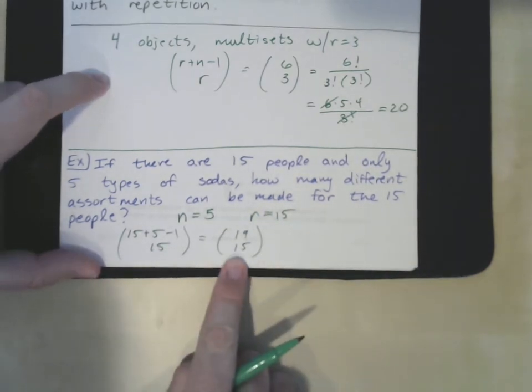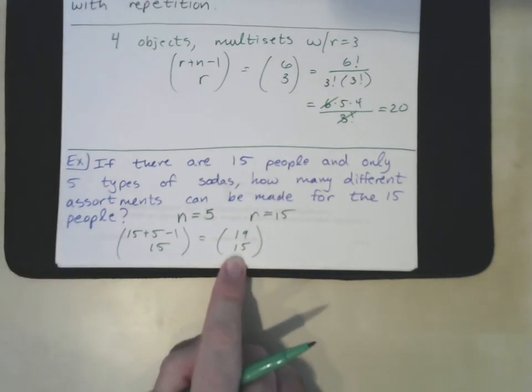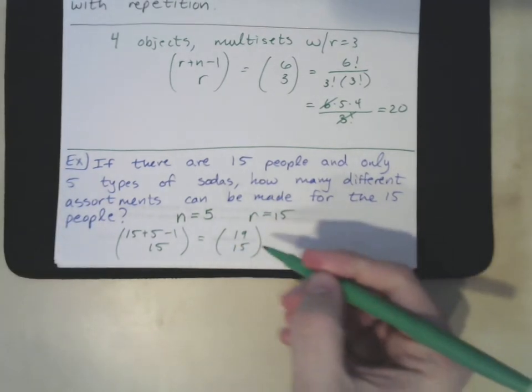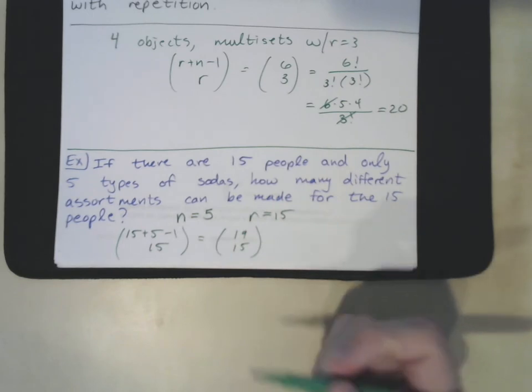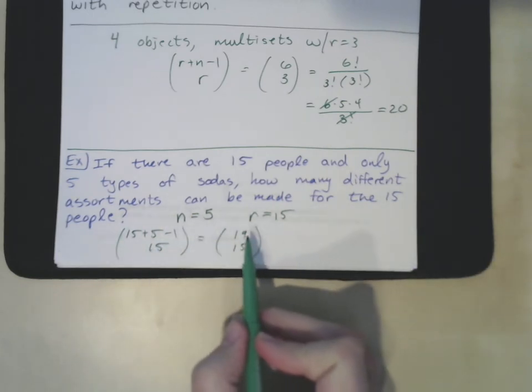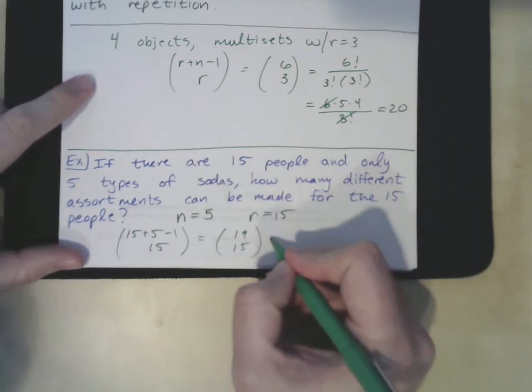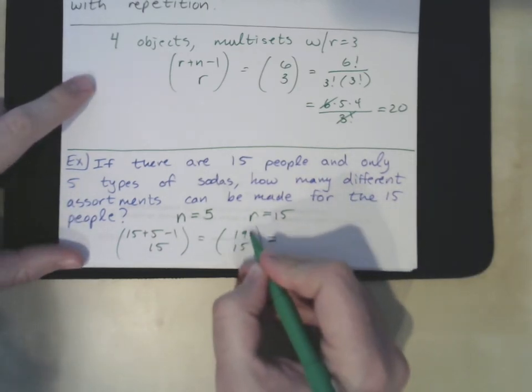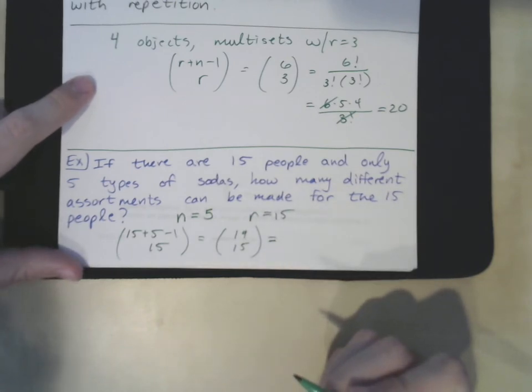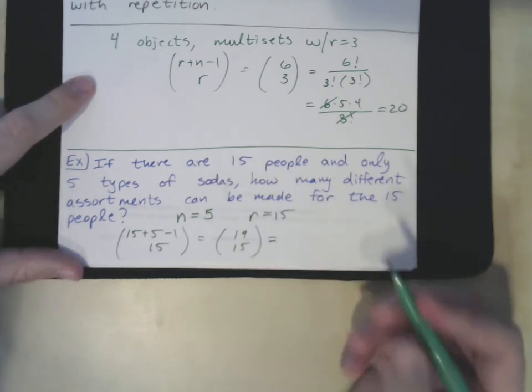Now here, this always has to be the case where the top number is bigger than the bottom number. So if you do this out and all of a sudden you have 15 choose 19, well, that's never going to work because you can't split 15 things up among 19 different buckets, so to speak. So make sure once you've done this that this number on top, when you go to calculate this, is larger than this one.